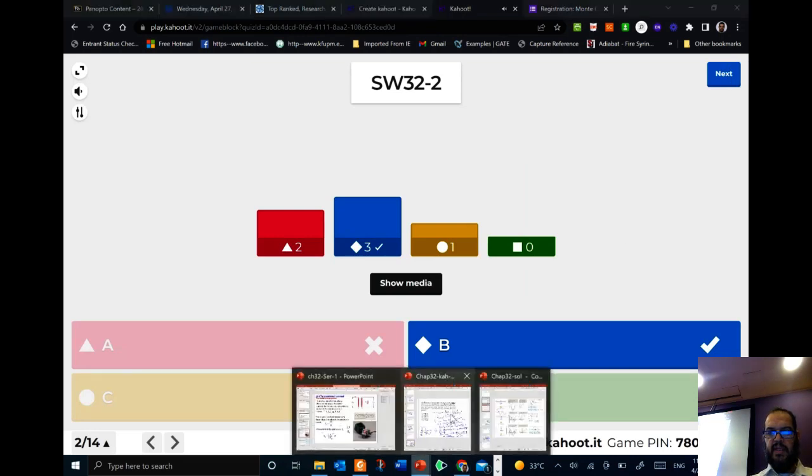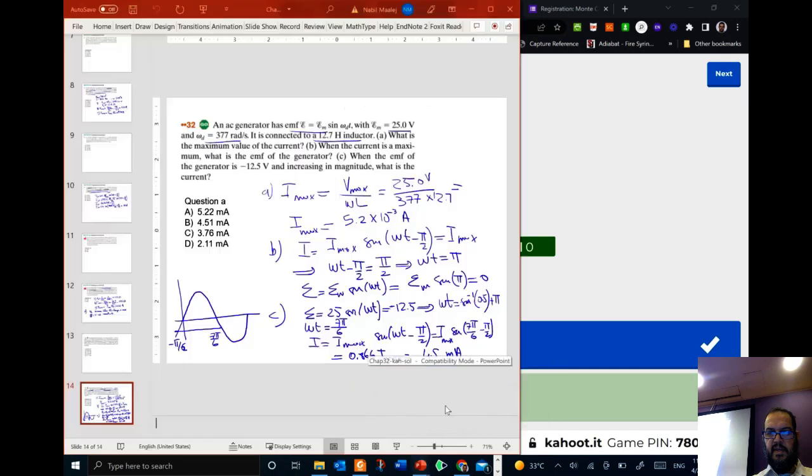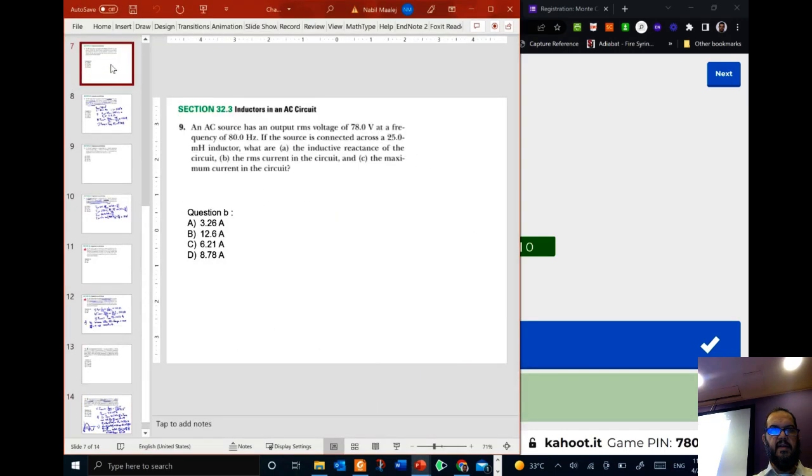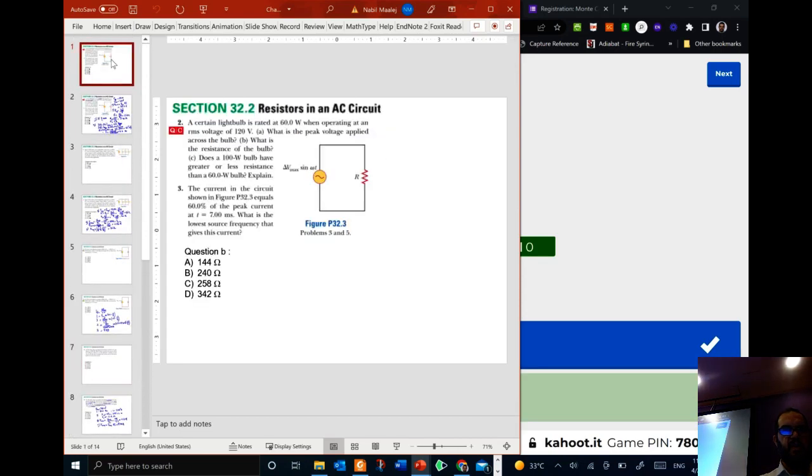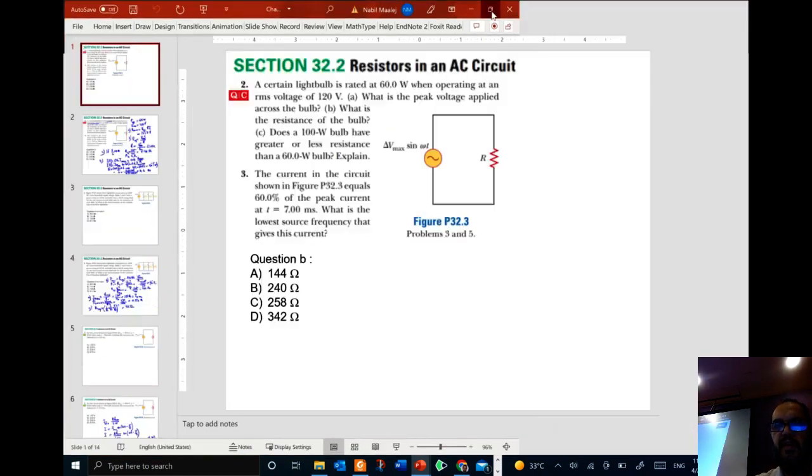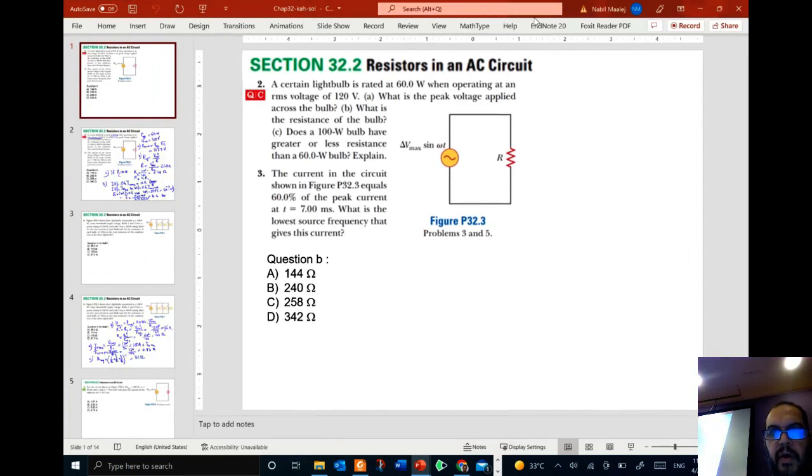So we have 3 correct answers. Okay, so here we're given the rating, so the rating is the power, which is usually an average power, 60 watts, and the RMS voltage, delta V RMS, is 120 volts. What is the peak voltage?